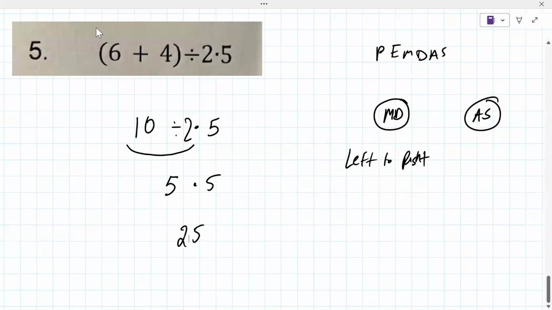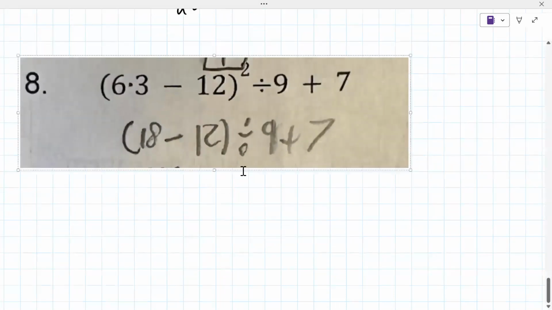You actually did this correctly in number 3, which is good. And also I'm almost positive that number 8 is wrong. Yeah, number 8, you left out a square in your second line here. So we'll take a look at that. All right, so 18 minus 12, and then you're missing a square here.